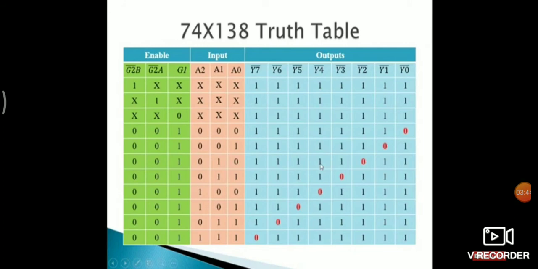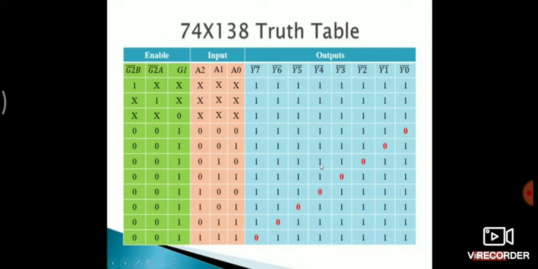Now this is the truth table of the 74LS138. So we have 3 enable inputs, 3 select inputs and 8 output lines. This decoder is enabled when G1 is high and G2 bar A and G2 bar B are low.